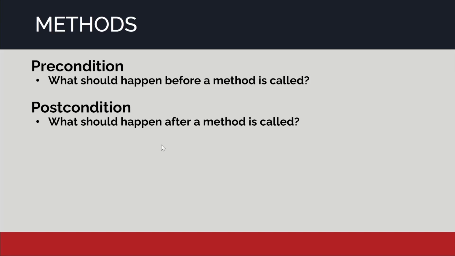If you're writing a method, this is something that needs to be done before someone invokes your method. And a postcondition is what the user should expect the state to be after they call your method. Like, what does your method do is a way to answer what a postcondition is.